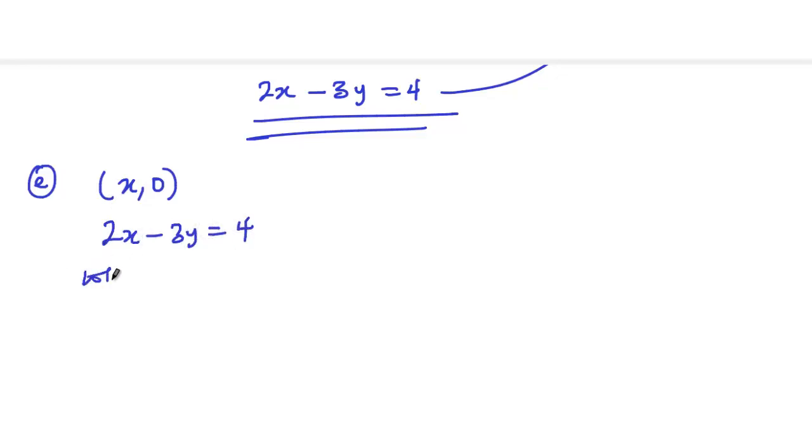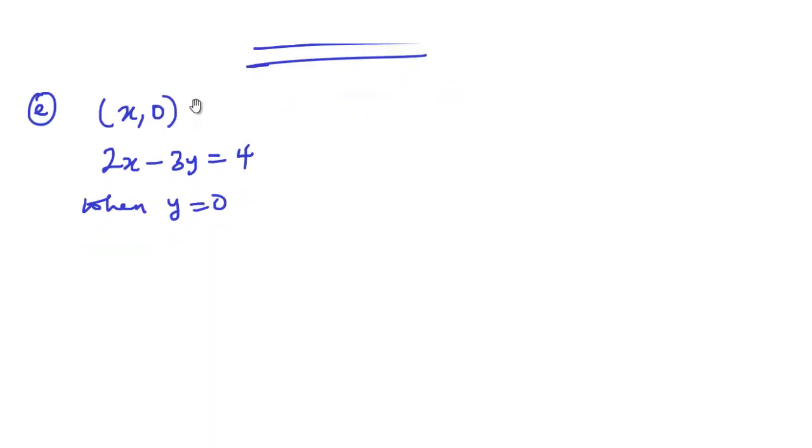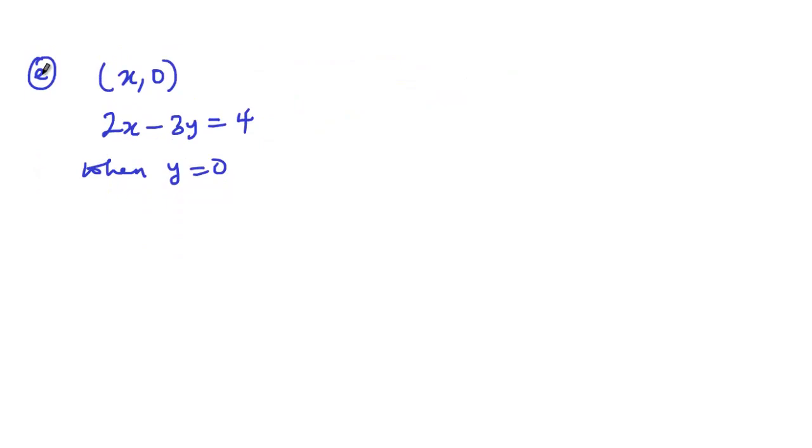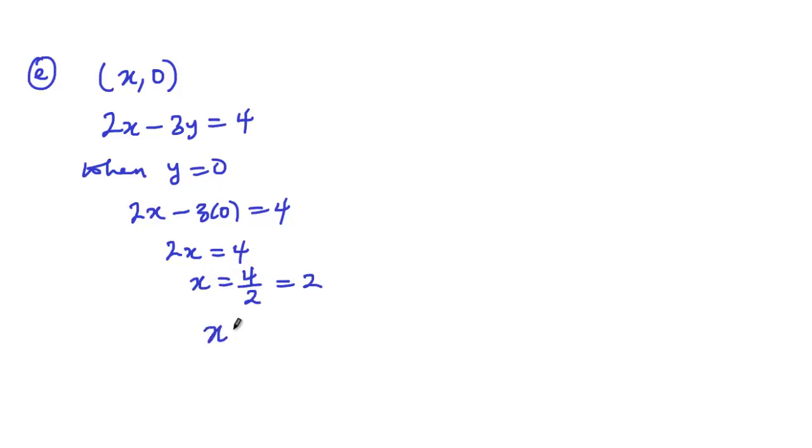So when y is equal to 0, what is the value of x? That will give us 2x minus 3 into bracket 0 is equal to 4. So 2x is equal to 4, because minus 3 times 0 is 0. So x will be 4 over 2, which is equal to 2. So x in this case is 2.